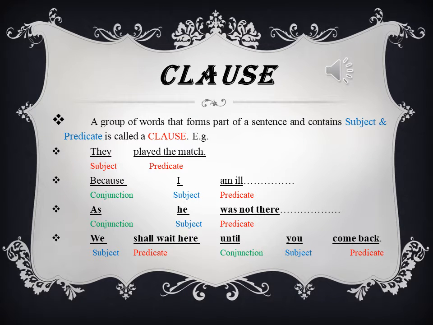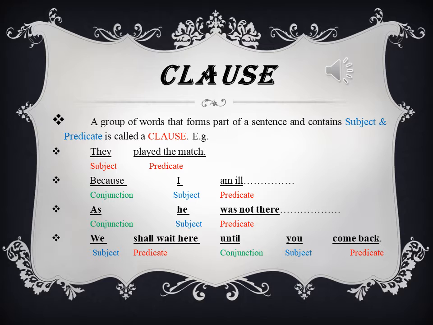So a clause is a group of words that forms part of a sentence and contains a subject and predicate. For example, they played the match. In this sentence, they is the subject and played the match is the predicate.